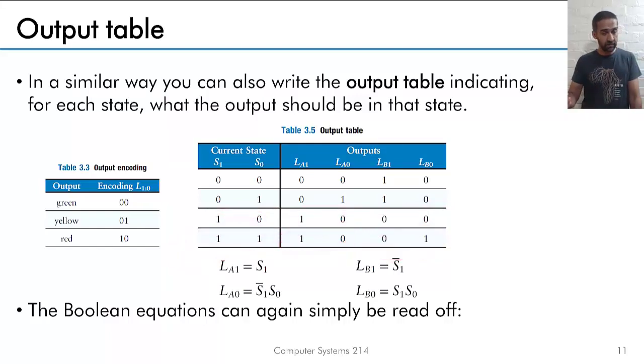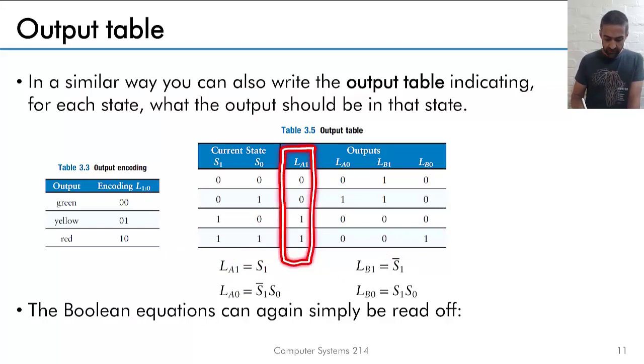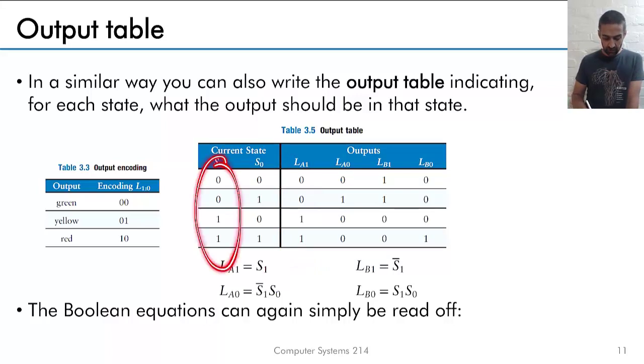So just doing the same thing now, if we were to write this down, LA1, that's just the first bit of light A, the most significant bit, you can see that is purely equal to S1. LA0, if you look at this, is going to be 1 only in that condition there. So that's not S1, S0.